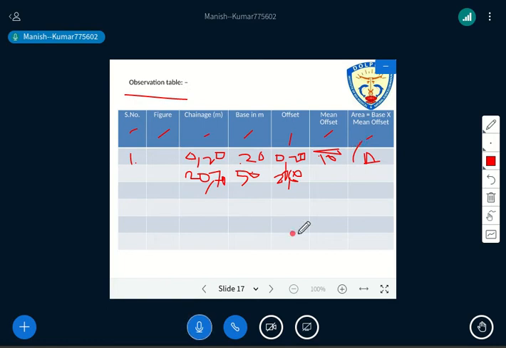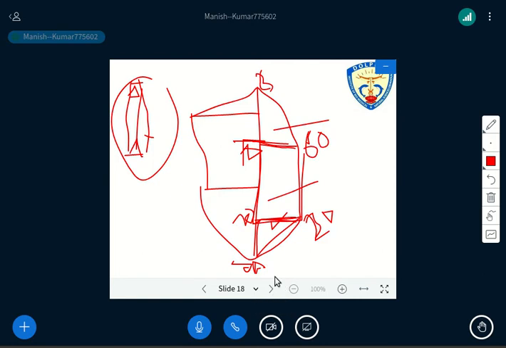Have you got the concept clearly of how to calculate the area by using cross staff survey? Is it clear to all of you now? I hope it is a bit entertaining and very easy to do, isn't it? So through this we can calculate the area of any kind of structure using the cross staff survey method, right?